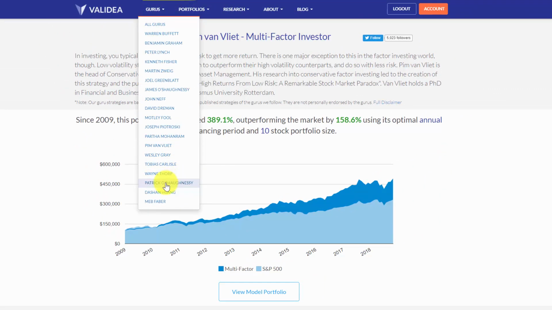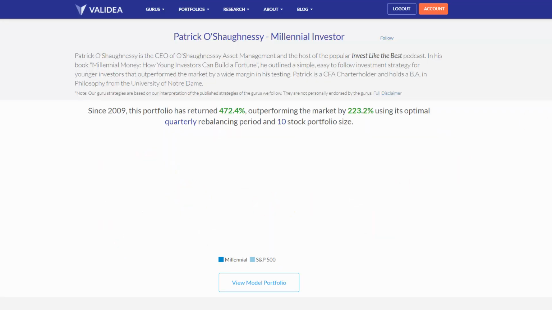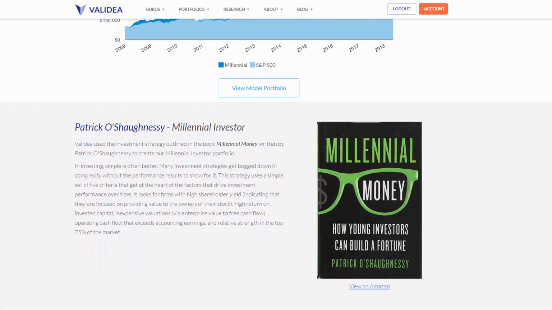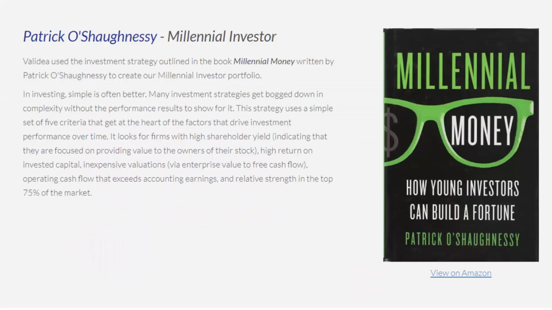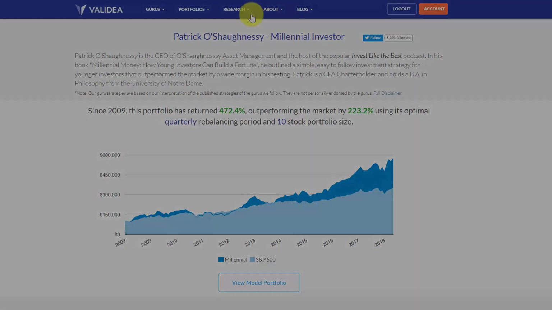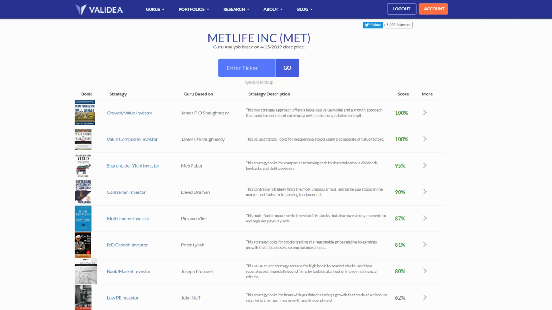Net buyback yield is the dividend yield plus buyback yield. And lastly, the Millennial Investor model based on Patrick O'Shaughnessy's book, Millennial Money. This uses shareholder yield, and it's a strategy that looks for inexpensive stocks with high shareholder yield and high returns on invested capital.